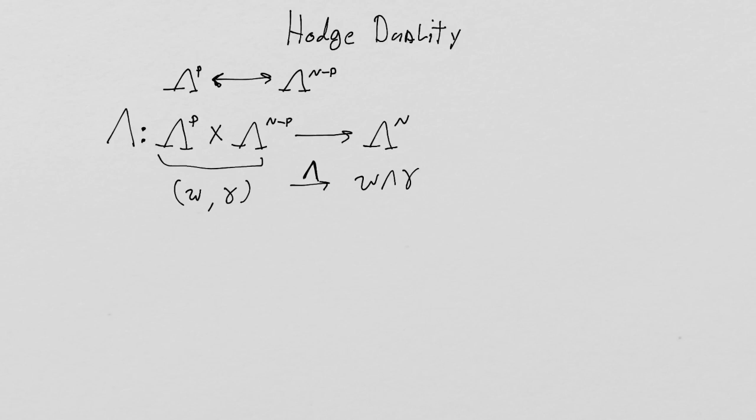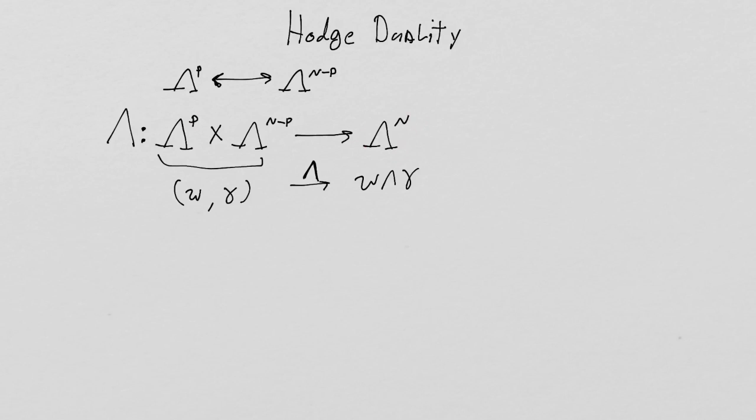And this kind of mapping is called a pairing, by the way. Pairing means I take the Cartesian product of two spaces, and I take a map from that Cartesian product to some third space, and that's a pairing between these two spaces.